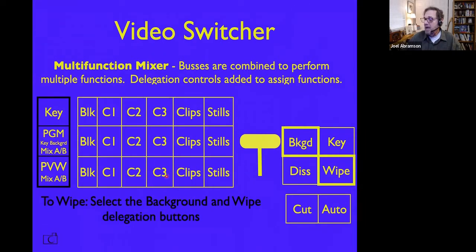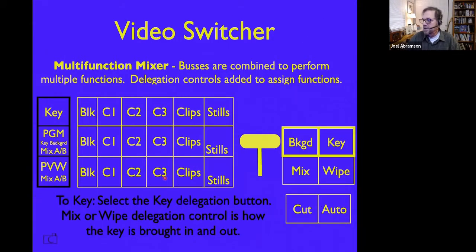If we want to do a wipe, same sort of thing. We hit background so that mix A and mix B are engaged, but we hit the wipe key. And instead of a dissolve from camera 1 to camera 2, when we hit the fader bar, it will make a wipe from camera 1 to camera 2. All right. And then a similar thing happens with the key.